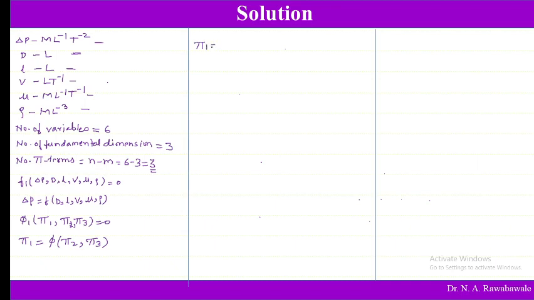Pi 1 term is equal to, first of all we must define the repeating variables. So first, the variable with geometrical property which we select is say diameter. Then flow property, so flow property we select as velocity.